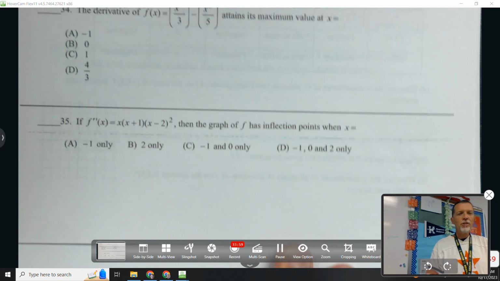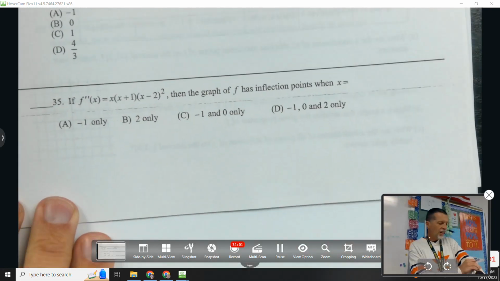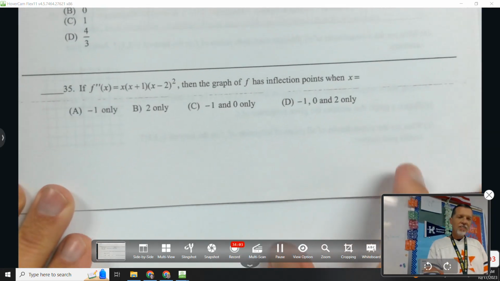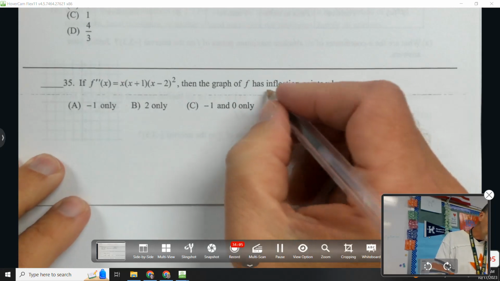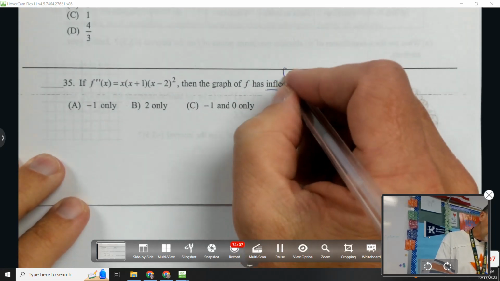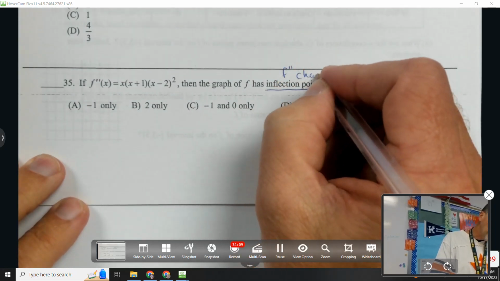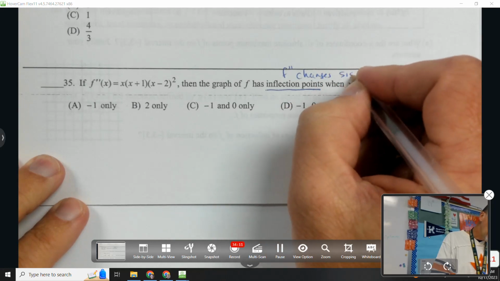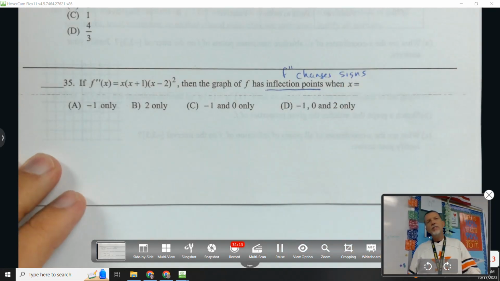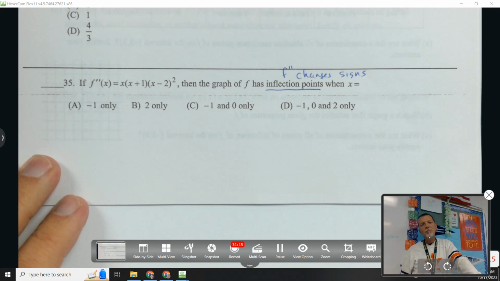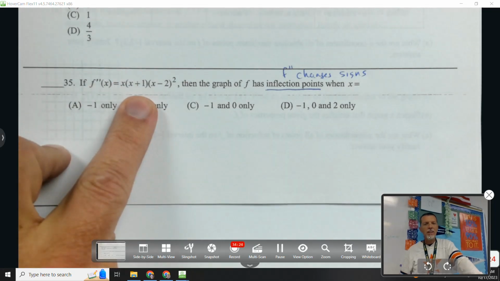We're running short on time, but we're also switching to concept-heavy questions here. 35, inflection points. That would be where f double prime changes signs. So my first reaction is, bummer, I've got to take a second derivative. But my second reaction is, what do I like about what they gave me?